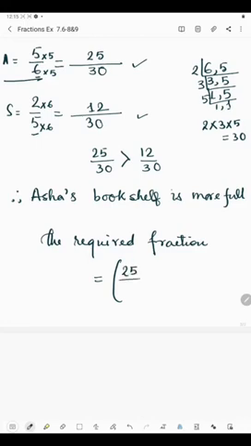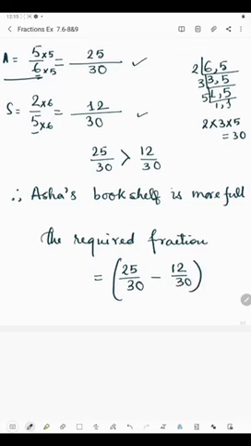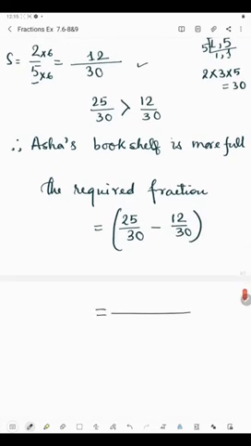So it's 25 by 30 minus 12 by 30. Now when the denominator is same, we just write the same and subtract the numerators. So it's 25 minus 12. So it's 5 minus 2 is 3, 2 minus 1 is 1. So it's 13 by 30.